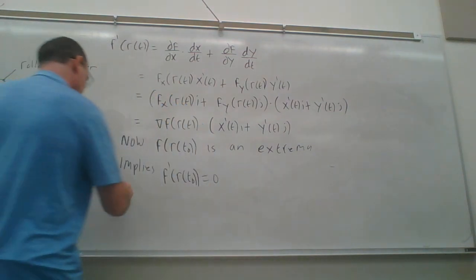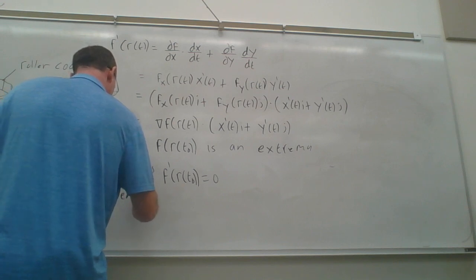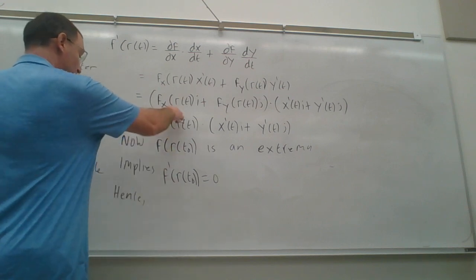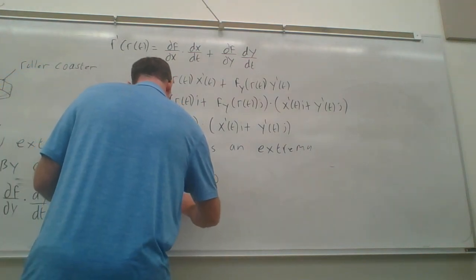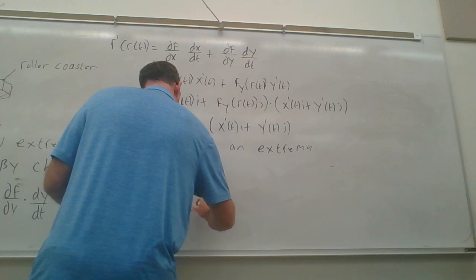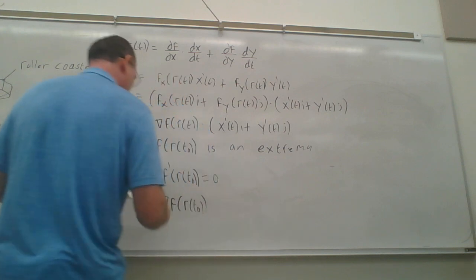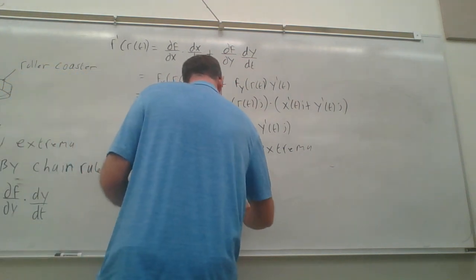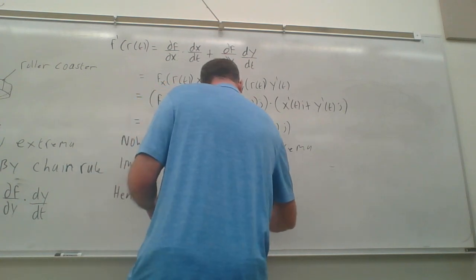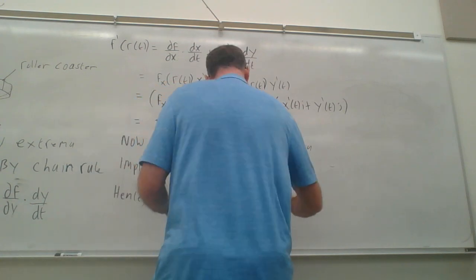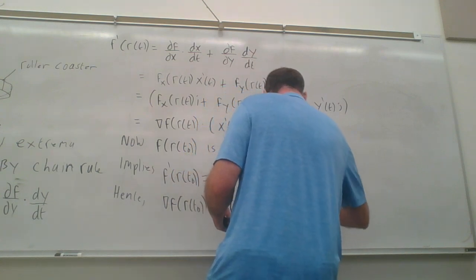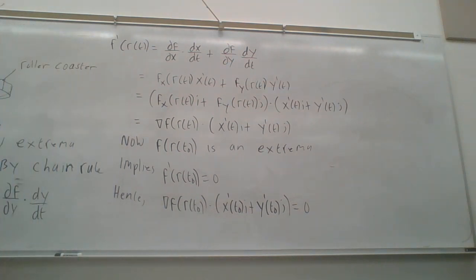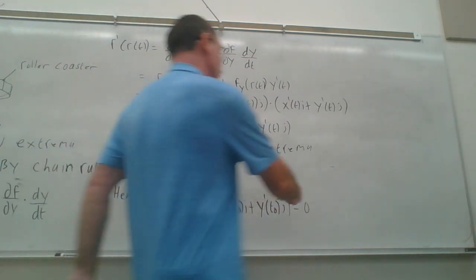So hence, plugging in up here, we'll have that the gradient of f at r(t0) dotted with x prime of t0 i plus y prime of t0 j is 0.